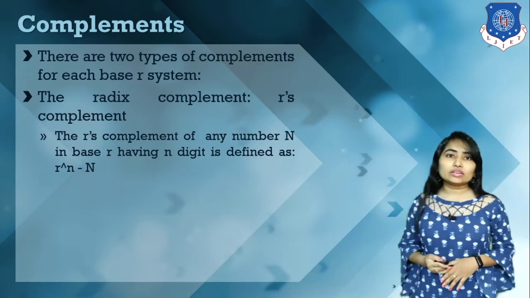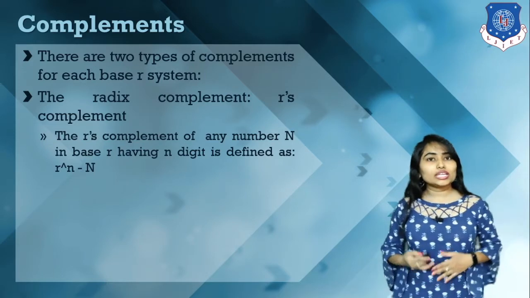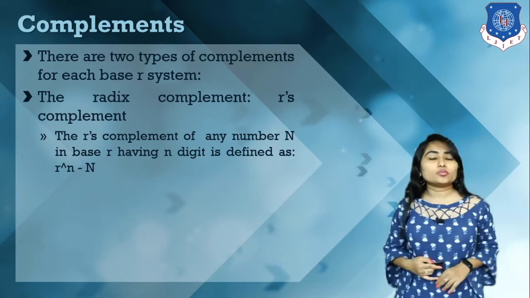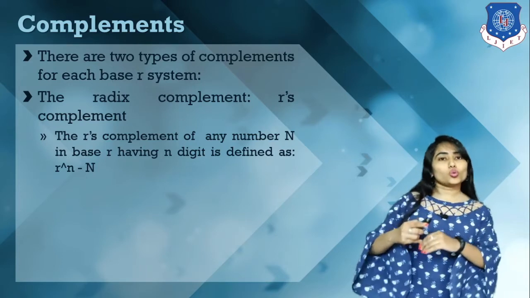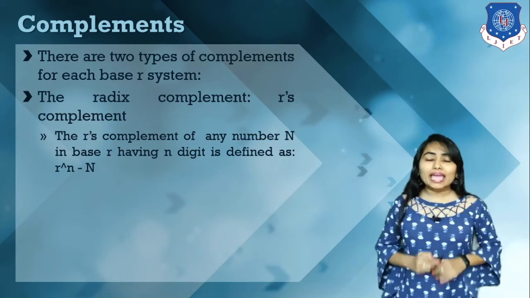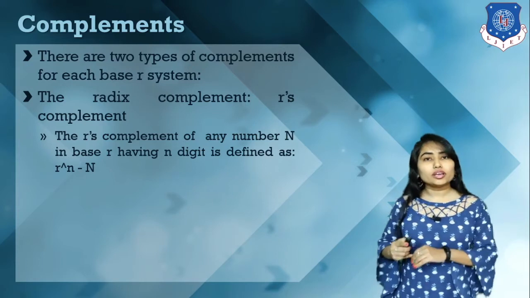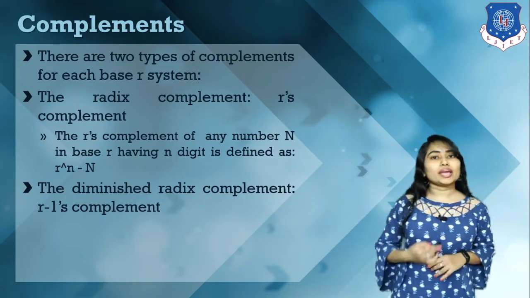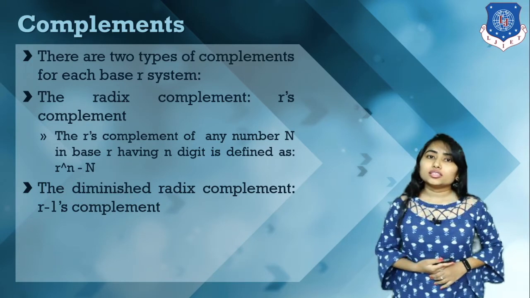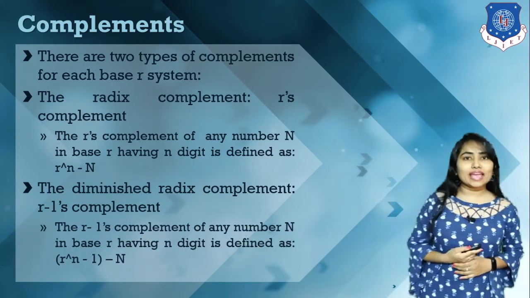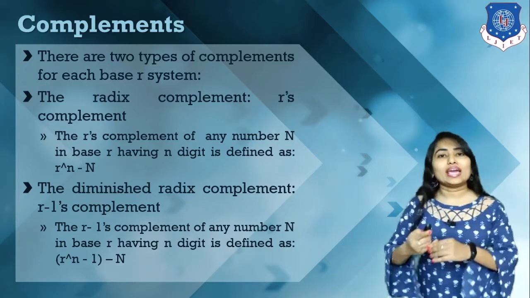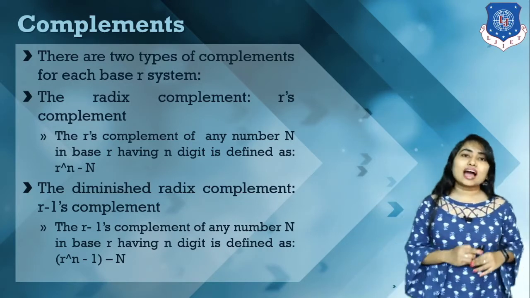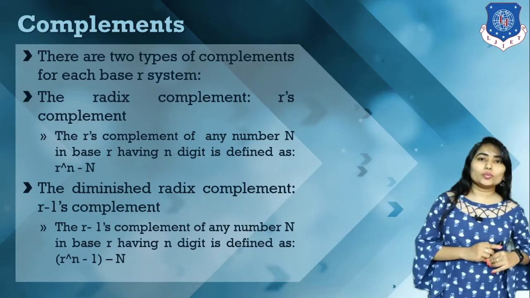So R's complement is defined as R raised to n minus N for any given number N. Then we have another complement, the (R minus 1)'s complement, which is defined as R raised to n minus 1 minus N. So this is how we can calculate complements.